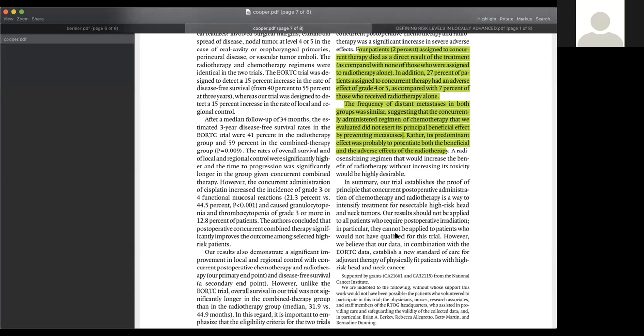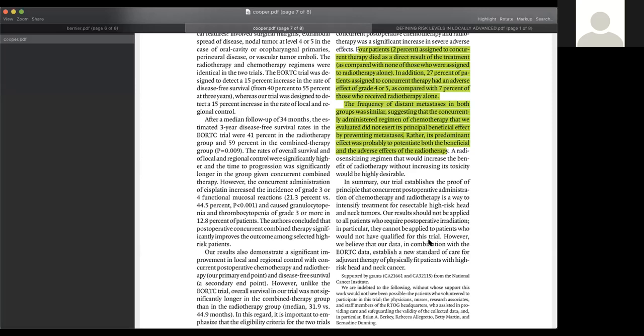In particular, it cannot be applied to patients who do not qualify for this trial, meaning that unless the patient has the high-risk features mentioned in this trial, you should not use it in your clinical practice. So both these papers, as trials, have given you what their merits and demerits were, and they've also told you that they have not done subgroup analysis or sub-site analysis, and they cannot extrapolate this data between the two studies.